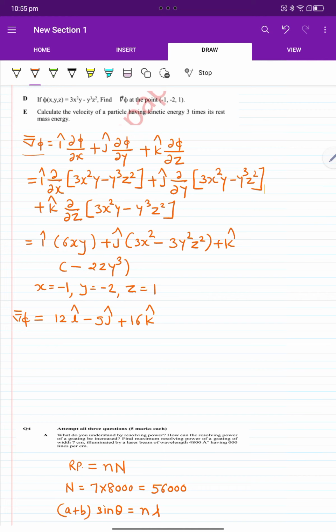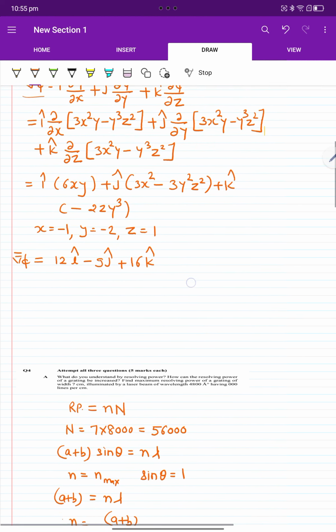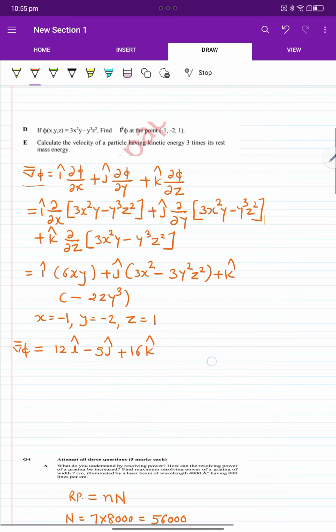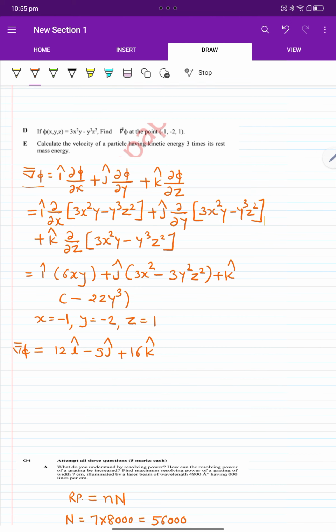When we differentiate and substitute the values x as -1, y as -2, z as -1, we'll get the gradient of phi equals 12i minus 9j plus 16k.